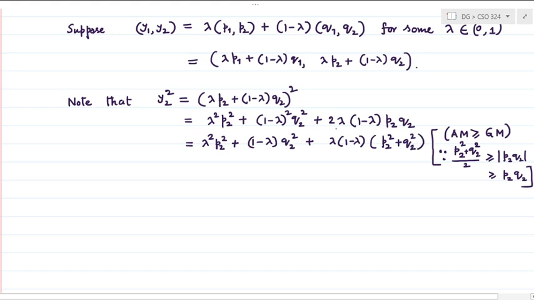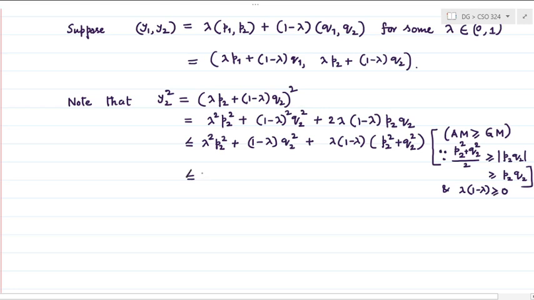And here this lambda into 1 minus lambda is positive. Therefore this inequality will still hold, less than inequality here. As p2 square plus q2 square by 2 is greater than or equal to p2 q2, and you have lambda into 1 minus lambda greater than or equal to 0, this inequality is true.